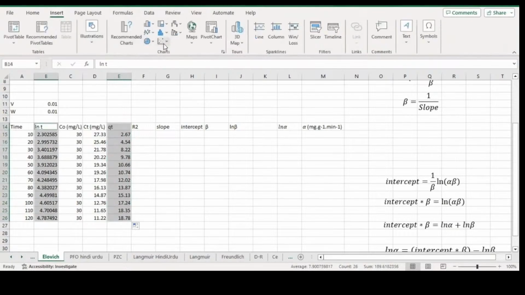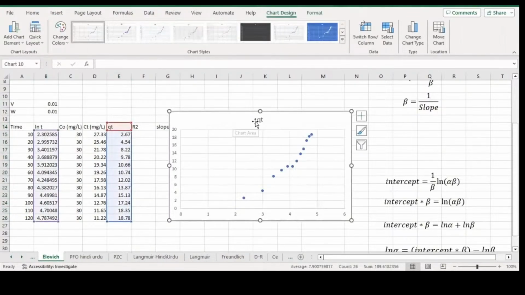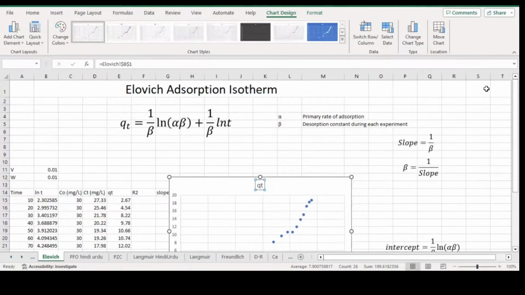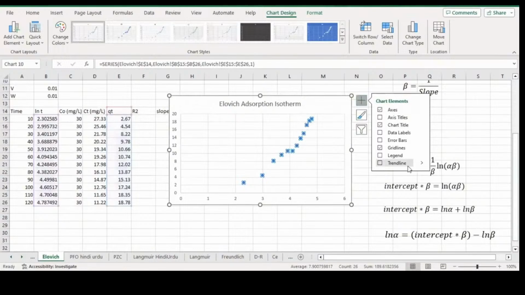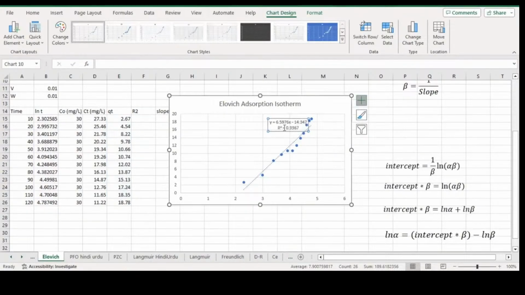Go to Insert, and in the charts, select the scatter one. Now we will make a linear trend line and display the equation and R square value, because from this equation we will calculate the slope and intercept.